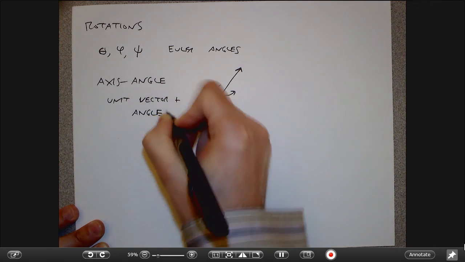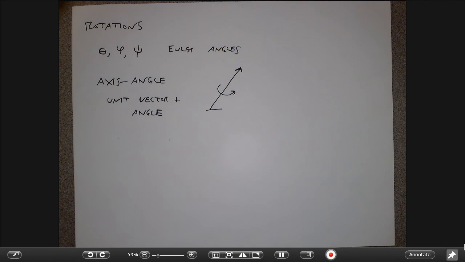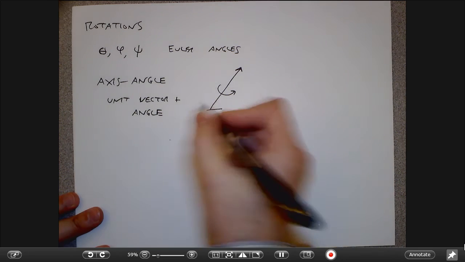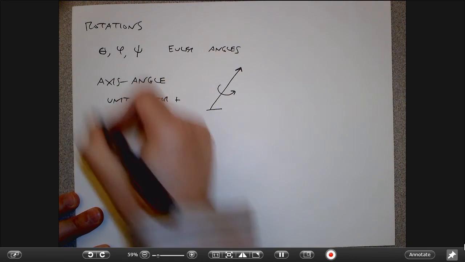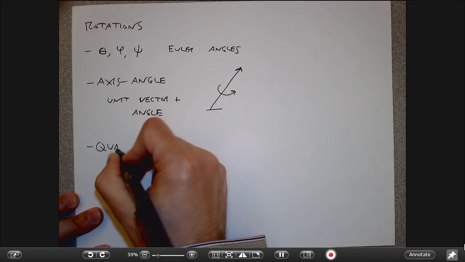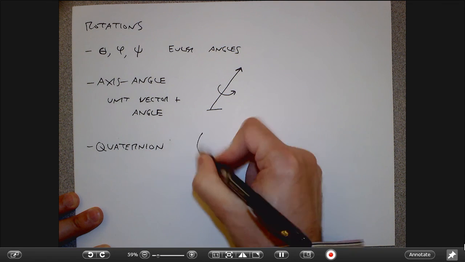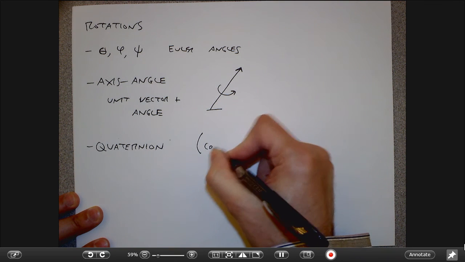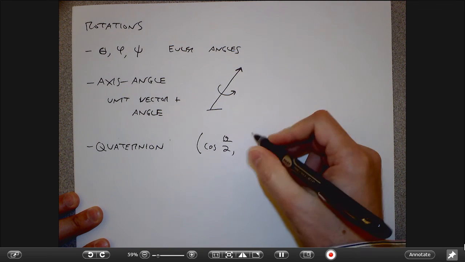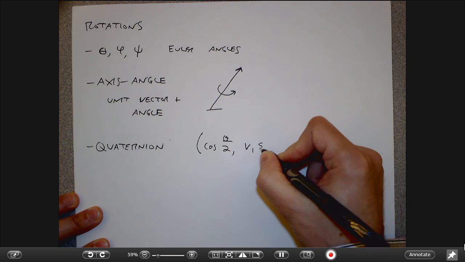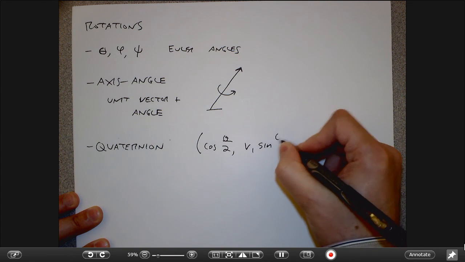So there are 3 numbers here, but they're parameterized in a slightly different way than Euler angles. And if I know this, then a quaternion is basically a different way of using the same information: a different way of writing that as a 4 vector.